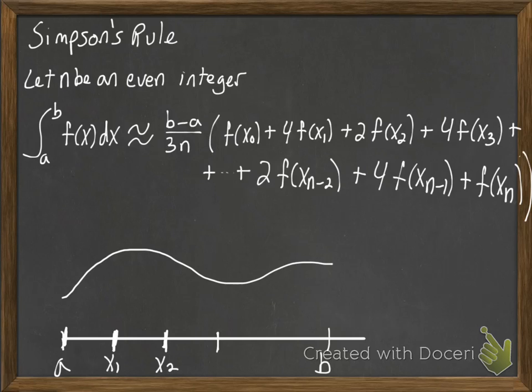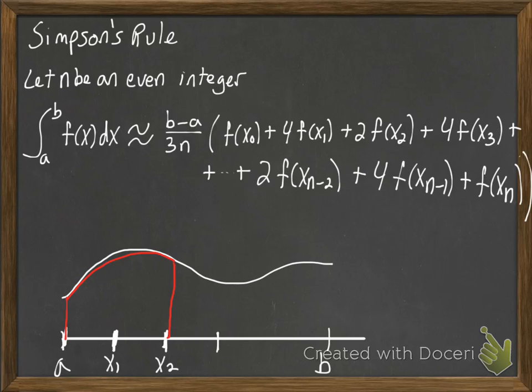We'd use those points to approximate the graph using a parabola. So we'd find the best fitting parabola over those three points and find the area beneath the curve. And then we'd do the same thing on our next pair of three points.